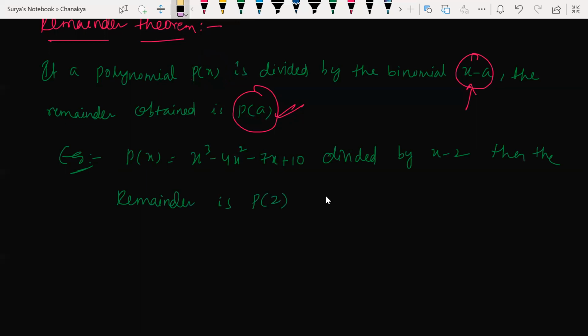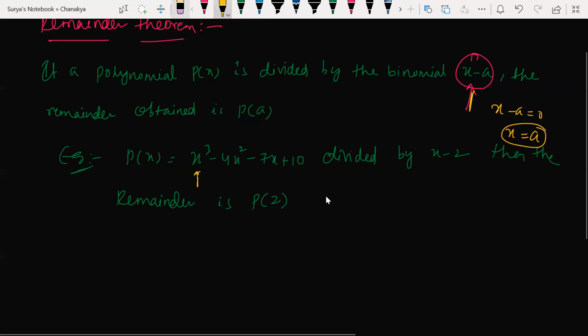Understood my point? Here, in x minus a, you have to equate it to 0. So you get x is equal to a. I substitute x is equal to a in the place of x. That is the definition of the remainder theorem.